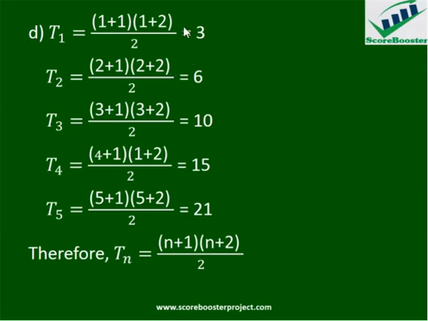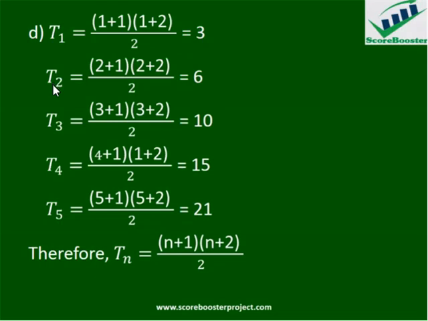Then we multiply them together and divide by 2. For T1, the term we are in is the first term, the number 1 term. You add 1 to it, 1 plus 1 is 2. You also add 2 to it, 1 plus 2 is 3. You multiply them together, 2 multiplied by 3 gives 6. 6 divided by 2 gives 3.